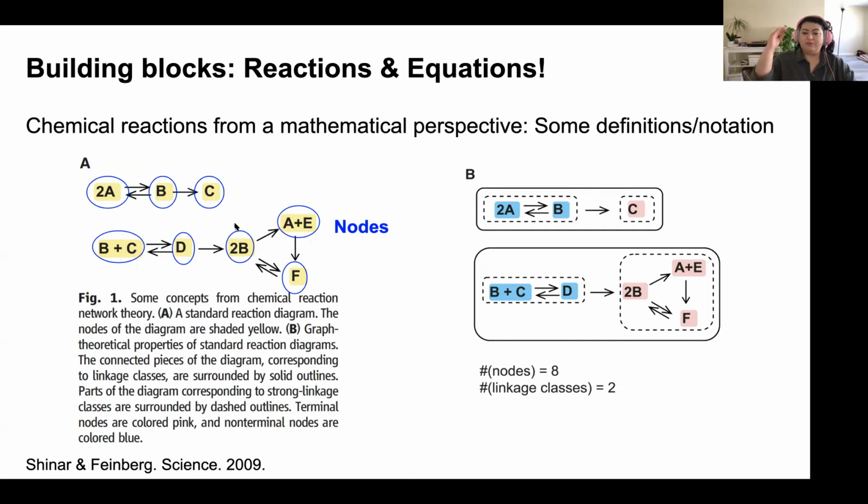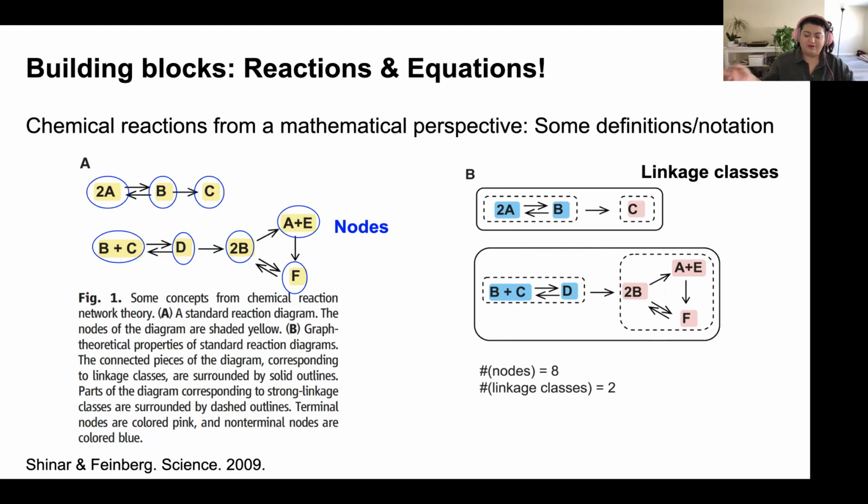And if you have multiple sets of reactions, then we have linkage classes. So here the top is one linkage class and the bottom is the other linkage class. Essentially closed loops, or just sets of reactions, create the linkage classes. This paper in particular talks about deficiency theory, which we will not be going over in this workshop.